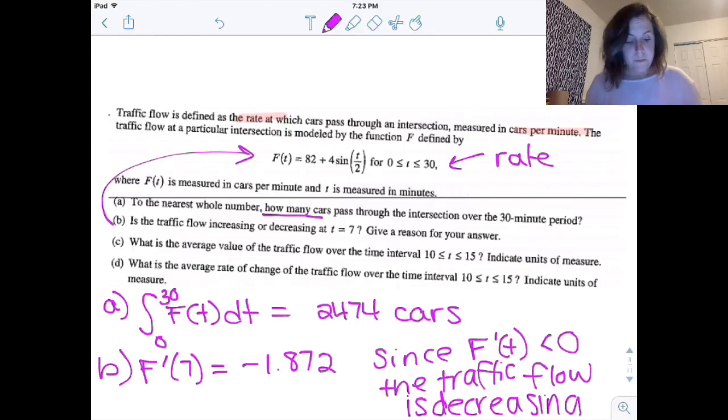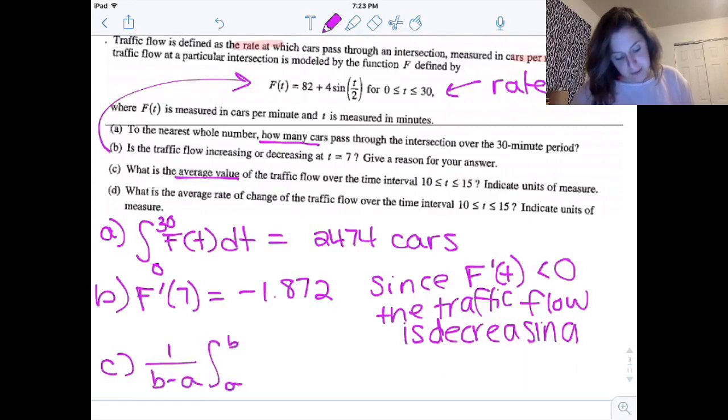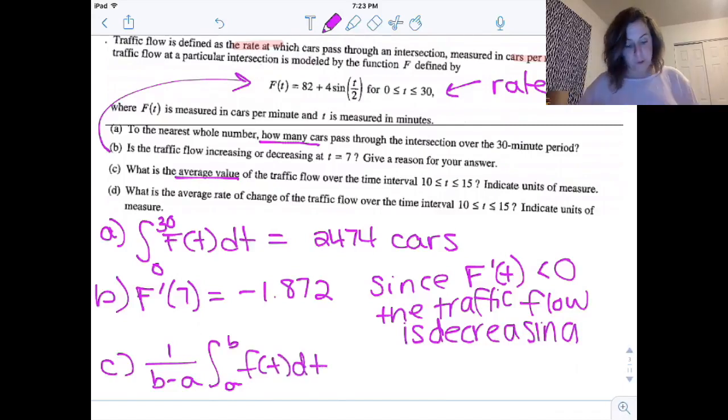Okay, and then the last part I'm going to do is part C, which is what is the average value of the traffic flow over this interval? Indicate your units. So average value, remember we said, is 1 over b minus a times the integral from a to b of your function. Right, that's my formula. So I'm going to use that for traffic flow.